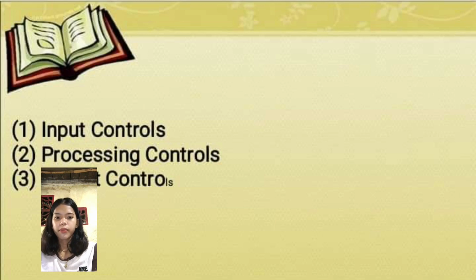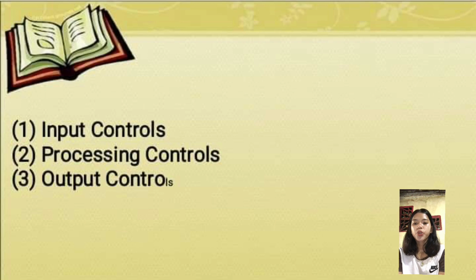Input controls check data for accuracy and completeness when they enter the system. There are specific input controls for input authorization, data conversion, data editing, and error handling. Next, processing controls. Processing controls establish that data are complete and accurate during updating.